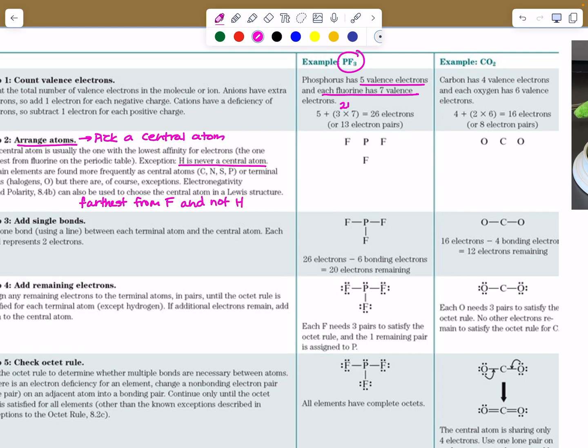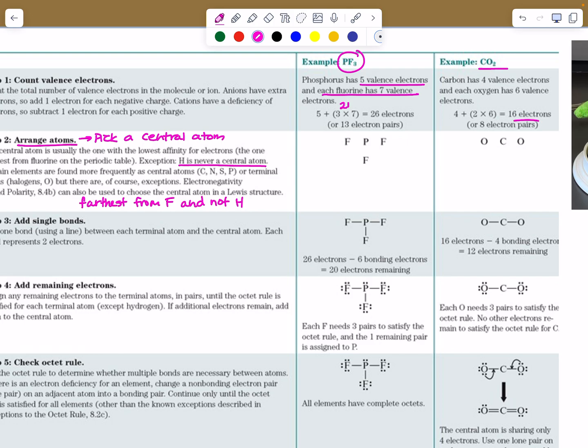Is it always going to be farthest from fluorine, or is it only because we're using PF3? It is always the one that's farthest from fluorine. So let's look at the other sample compound we have here, carbon dioxide. We've got 16 electrons that we're going to have to pair. Let's look at carbon versus oxygen on the periodic table.